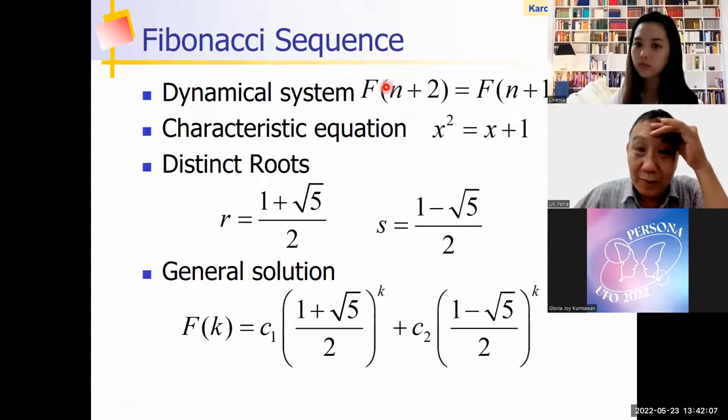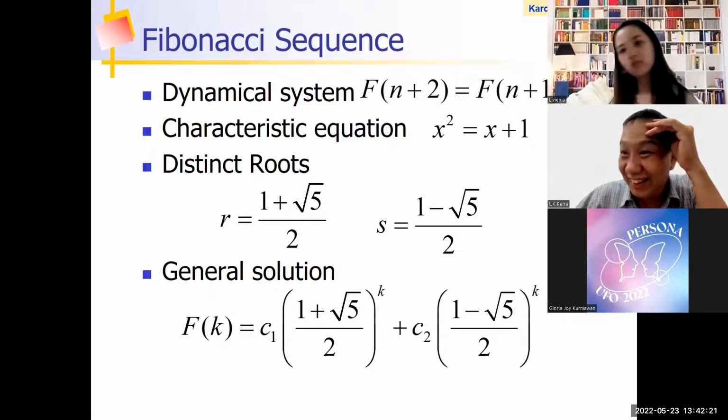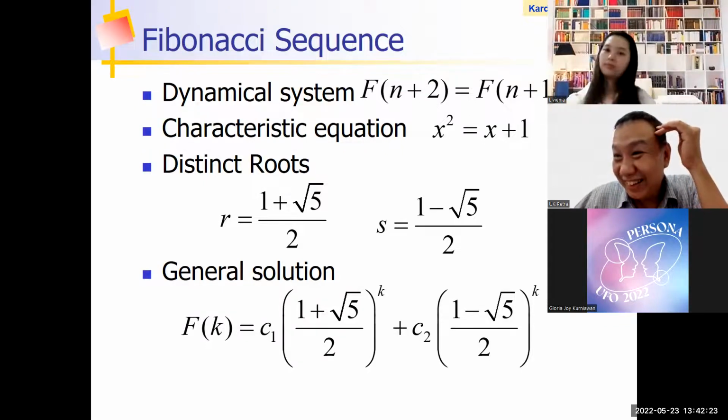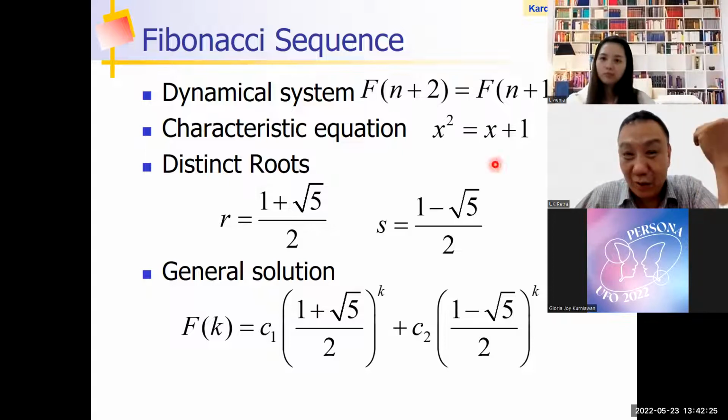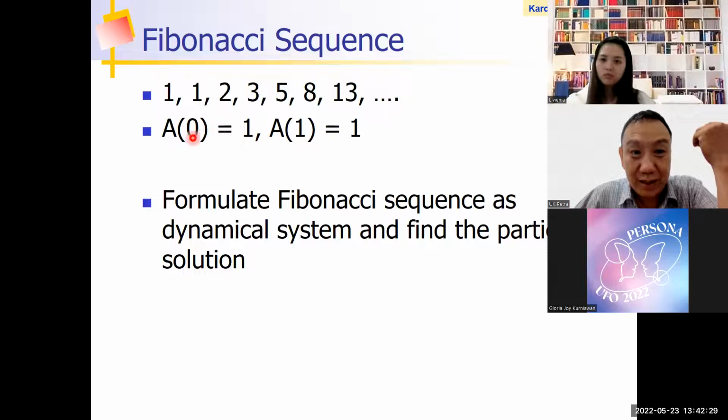So we know the dynamical system is f(n+2) equals f(n+1) plus f(n), right? Easy? And we know the initial values. What are the initial values? A0 is 1, A1 is 1.